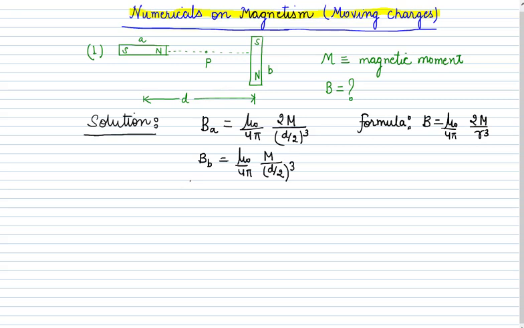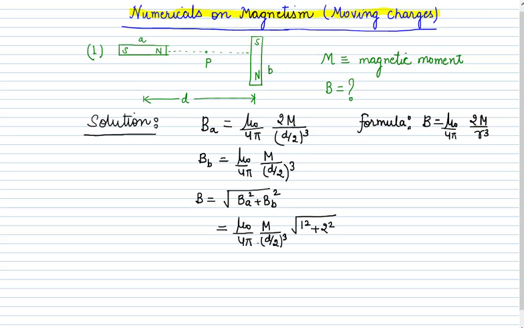If you want to calculate the resultant magnetic field, that will be written as the square root of B_A squared plus B_B squared, that is the magnetic field due to dipole A and the magnetic field due to dipole B. If you put in the values, what we can take as common is mu naught upon 4 pi, capital M upon d by 2 whole cube, outside, and remaining inside the root will be 1 squared plus 2 squared, because these are the common terms.